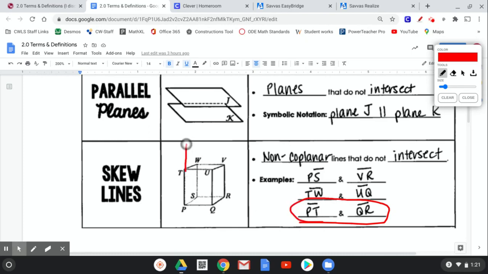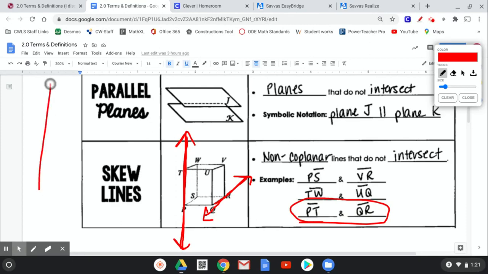If I extend this PT line right here, it's on the front right, and then I'm looking at QR. You have to remember that this is in 3 dimensions. For this one, these lines are separated, so they are apart.